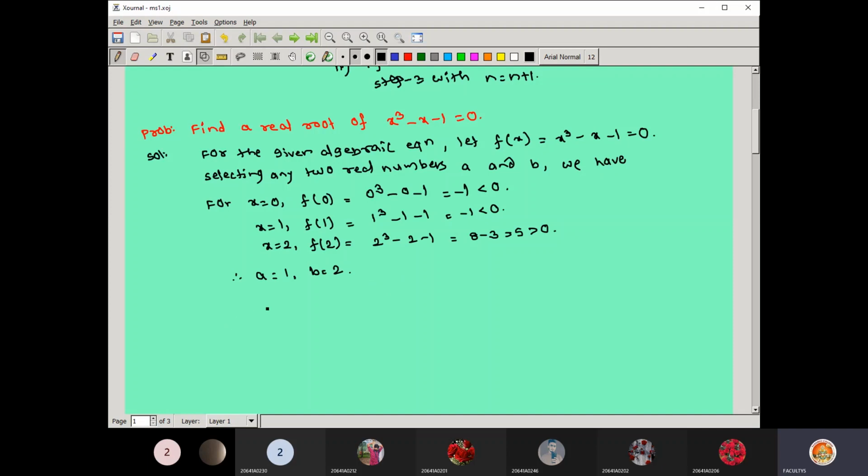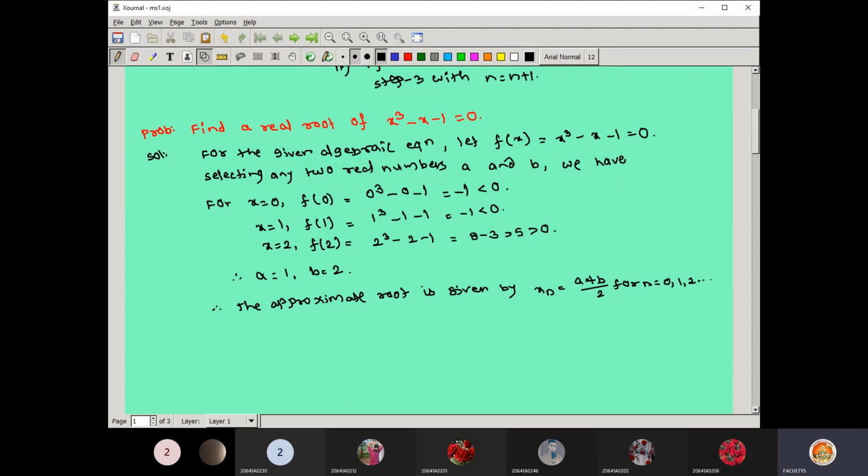Once you get the a and b values, you calculate the approximate root. The approximate root is given by the formula xn equal to (a plus b) divided by 2. Here n takes the values 0, 1, 2 and so on.